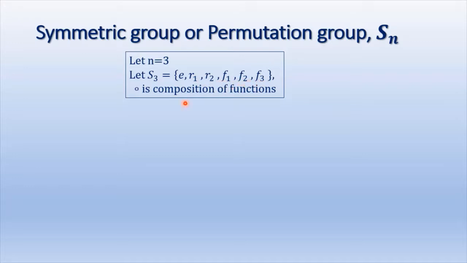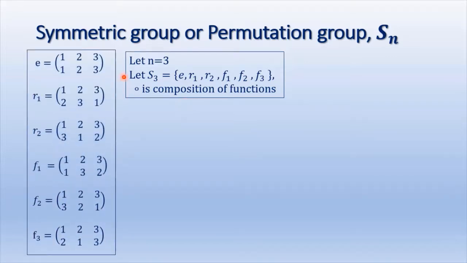As we already have seen, the rigid motions of a triangle, there we have some other form of this arrangement. So E is the function where 1 goes to itself, 2 goes to itself and 3 goes to 3 itself.